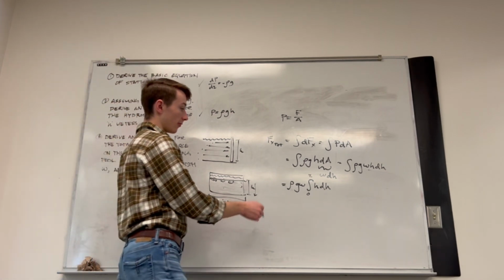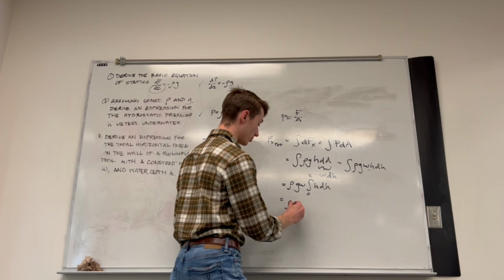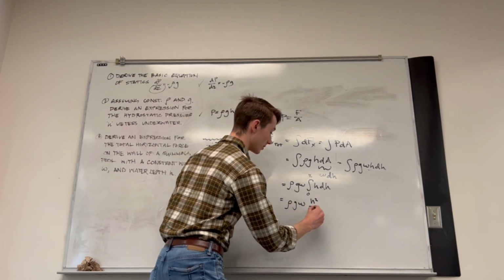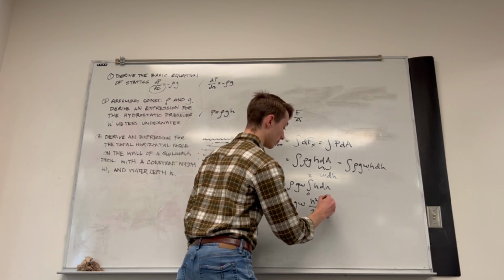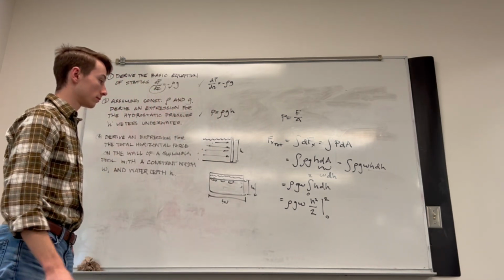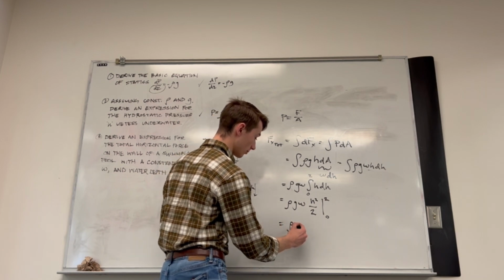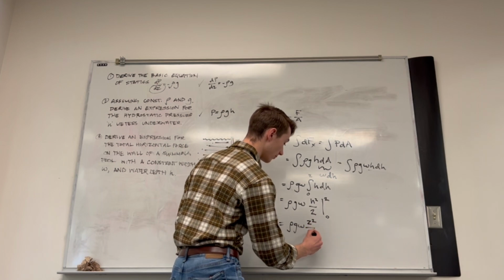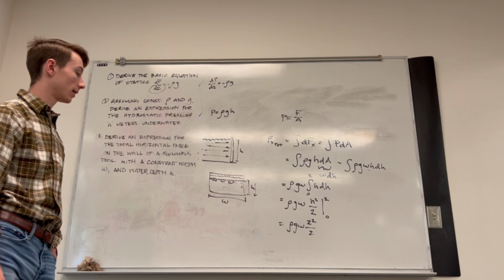All right, so if we integrate this, we get rho G W, and then we get H squared over 2, and this is going to be evaluated from 0 to Z. All right. Simplifying this, we get rho G W Z squared over 2, where Z is the depth of the water. Okay, and that's our final equation there.